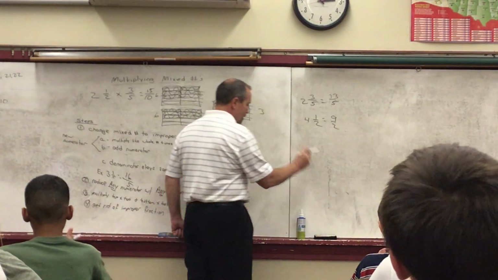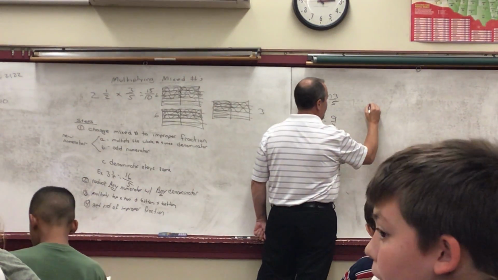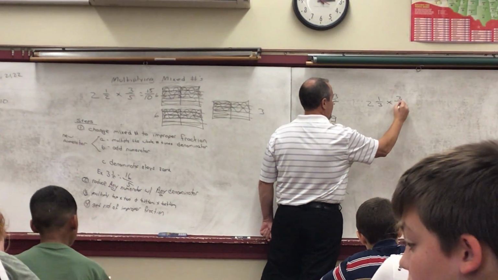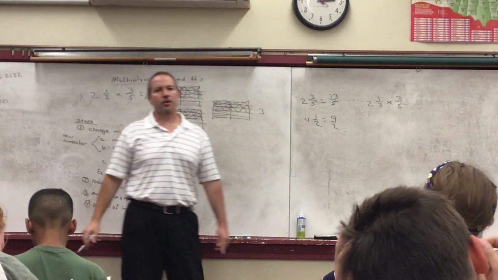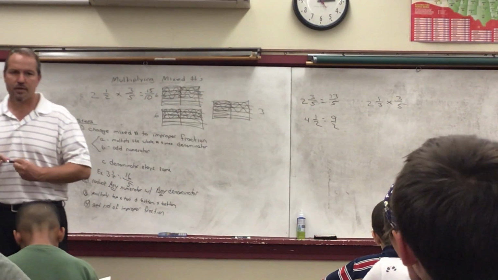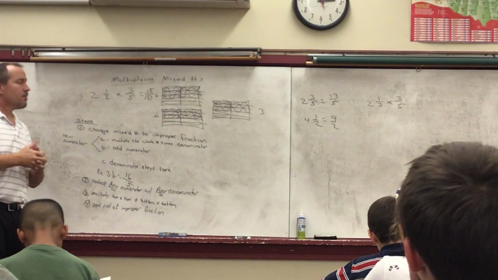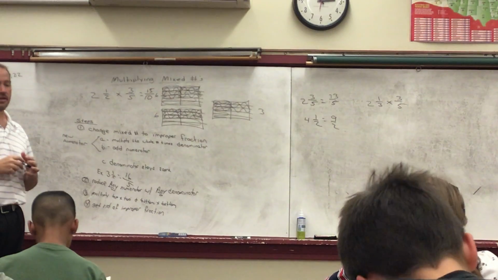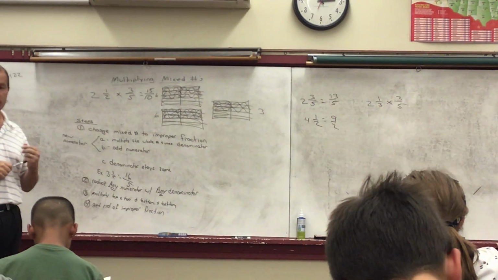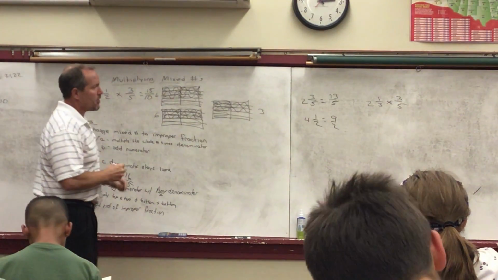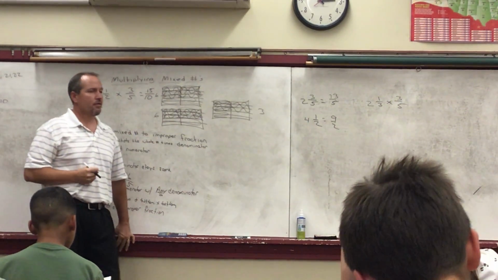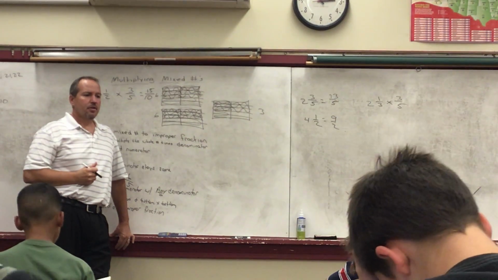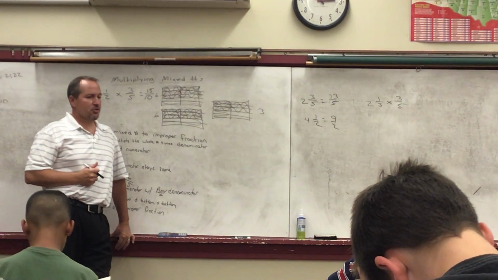Okay, so now, let's say we have this problem. Two and 1/3 times 3/5. First thing you're going to do is what? Dakota? Change the mixed number to an improper fraction. I want you to write that problem down the way it is there, and then directly underneath of it, change that mixed number to an improper fraction.